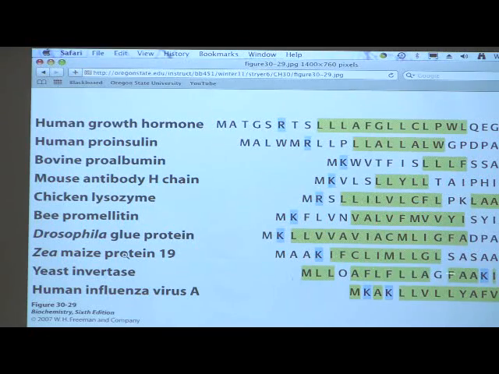You'll see there's a lot of differences in the actual sequence, but each of these yellow boxes here has a fairly hydrophobic domain following some very basic amino acids. Okay? So that is what is happening. This signal tells the cell this protein is supposed to go to the endoplasmic reticulum.